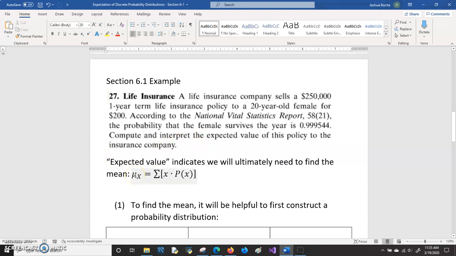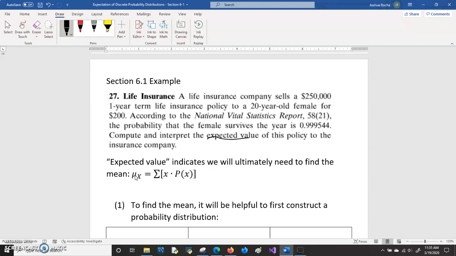So one thing to point out is this problem mentions expected value, and when you see that phrase, that means that ultimately you'll want to find the mean. So ultimately you just have to calculate the mean of this variable.